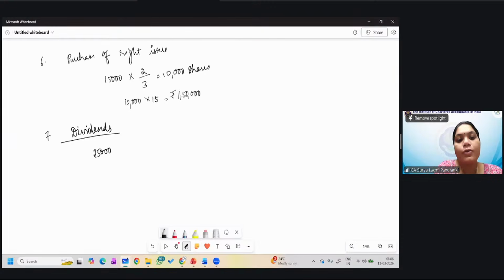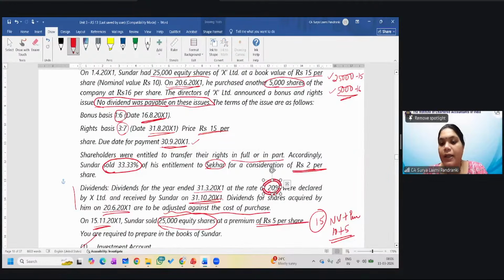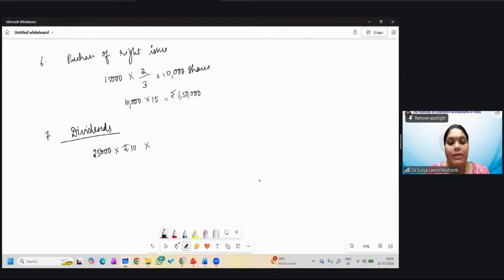For these 25,000 shares, what is the nominal value? 10 rupees, right? Into what is the percentage of dividend given to you? 20%. They clearly told dividend is declared at 20%. So into 20%, how much is this value? 50,000.